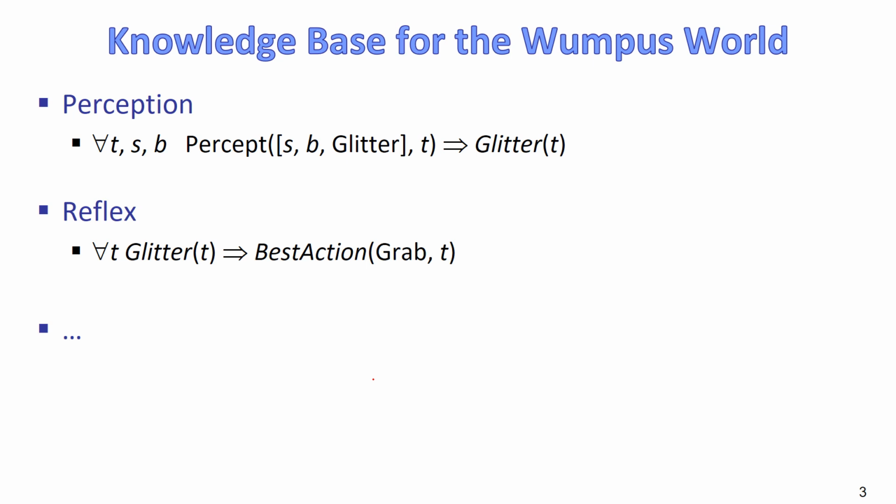And one way of building an agent that can make rational decisions is to use a knowledge base. To use the knowledge base, we have to represent the sentences in it in a way from which we can infer the best actions or decisions, given the knowledge that we know.